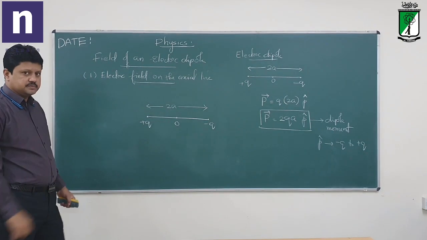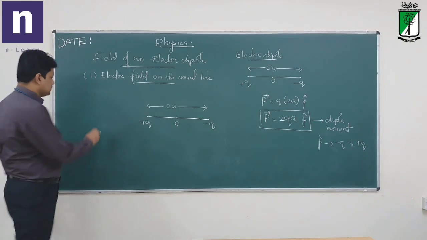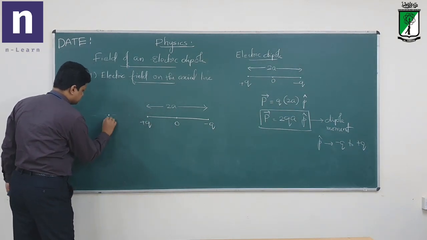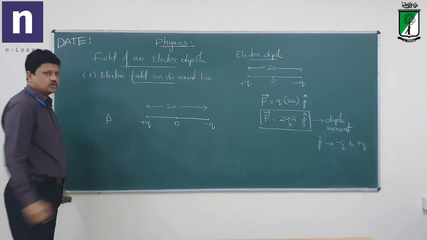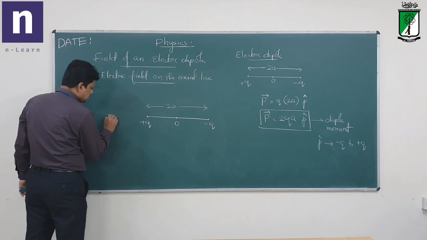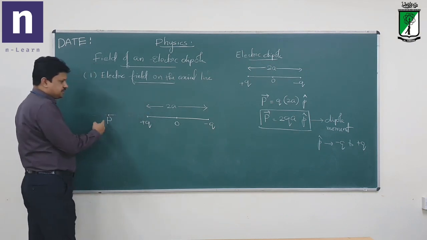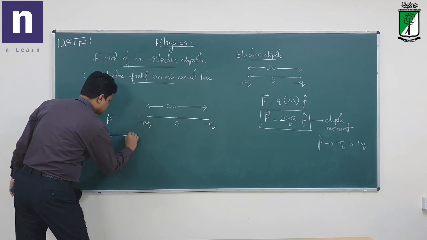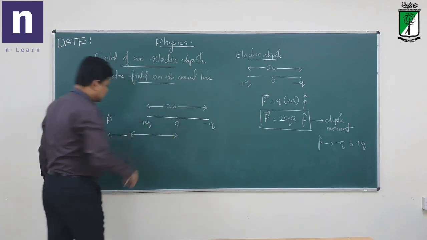Now let me consider a point P on the axial line. I will say the point P is somewhere here, where you want to find the electric field due to this dipole. The distance to this point P, I will take from the center to be r.